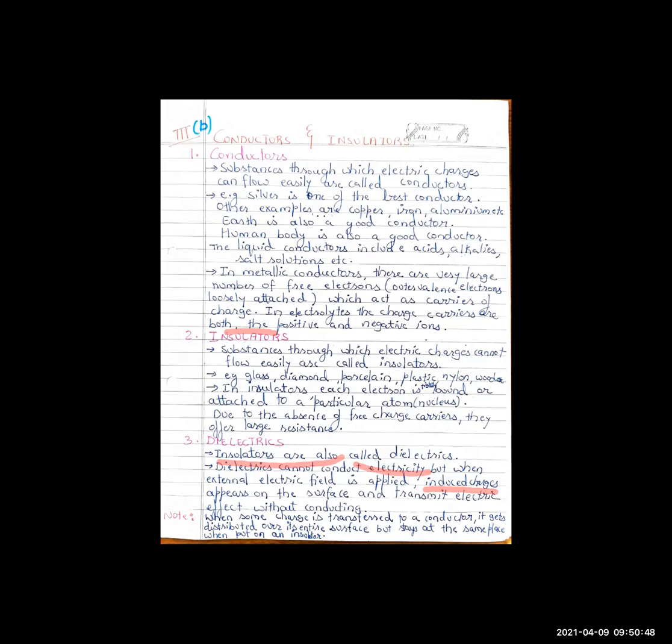So a dielectric is nothing but an insulator, the insulator's behavior when it is placed in an external electric field. Charges are produced on it, and these charges transmit electric forces and all that. But they do not conduct. Whatever charges are produced, they are produced at the same place.